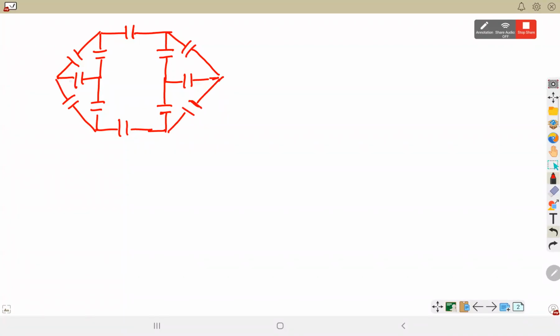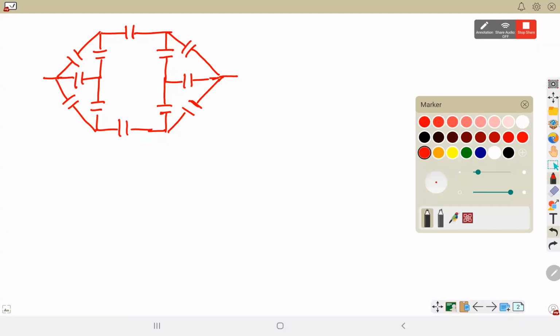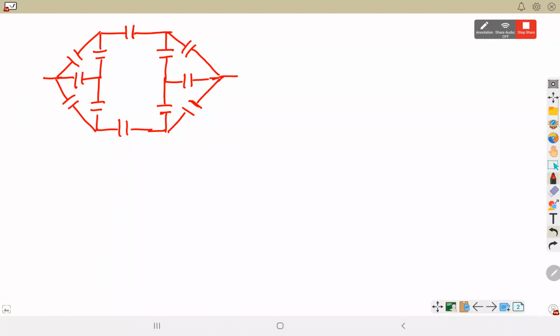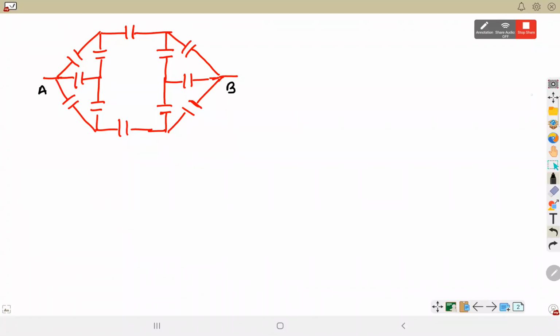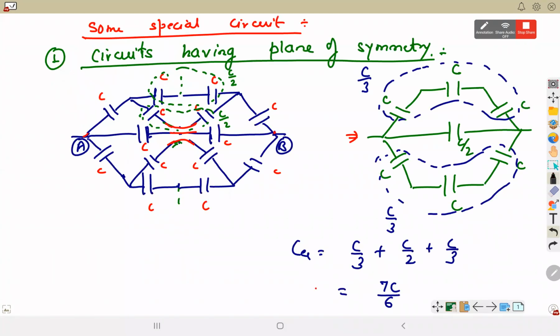Did we do this example last class? We must have done similar. Yes.